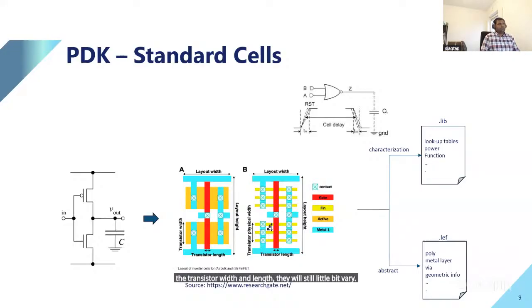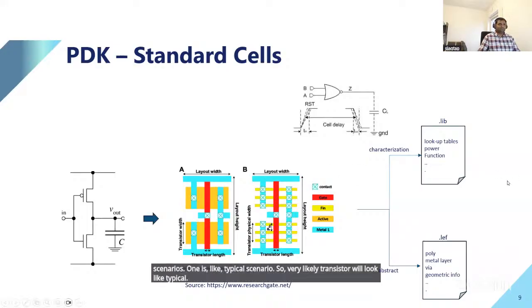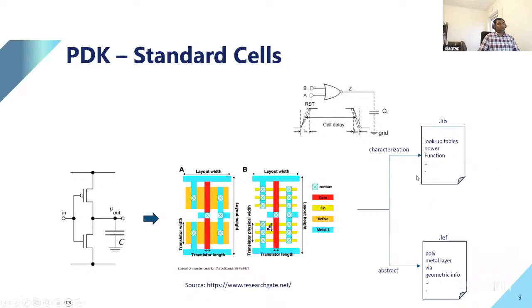So it will give you a lib file in three scenarios. One is the typical scenario, where the transistor will very likely look typical. A slow scenario, where the transistor speed degrades because of process variability, because there is lots of variability in a process. And sometimes the process variability can help you and make your transistor fast. So it gives you this lib file in three flavors: slow, typical, and fast.